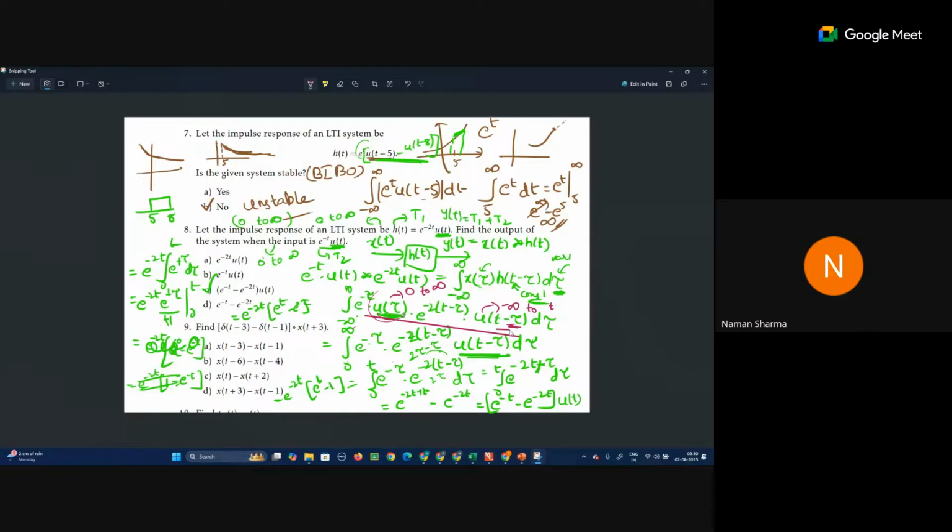So we get 0 to infinity, and then since here it is u of t minus tau, we take the common overlapping part. In the next step I removed u of t minus tau, so I have considered limits from 0 to t, the common region of these two. Understood.